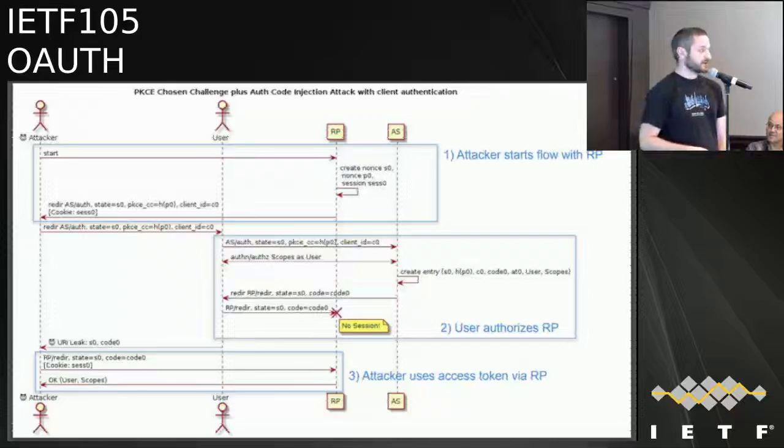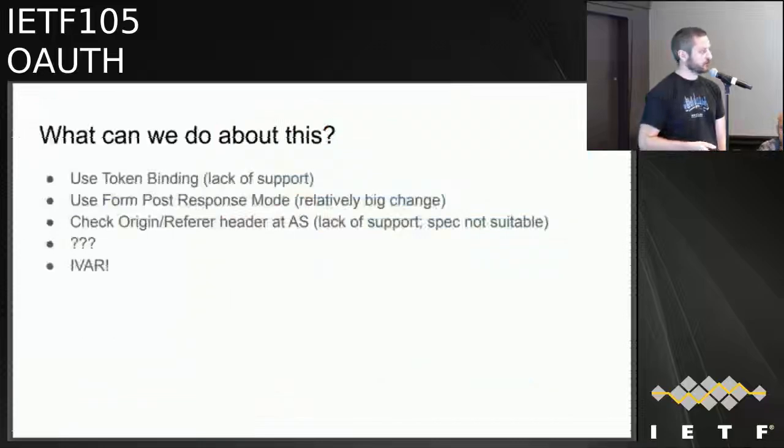So what can we do against that? As it turns out, none of the existing defenses in OAuth help against that. We could use token binding, but there's a lack of support, famously, in some browsers. We could use the form post response mode, which would be a relatively big change depending on what your implementation looks like. It's also not suitable for apps.